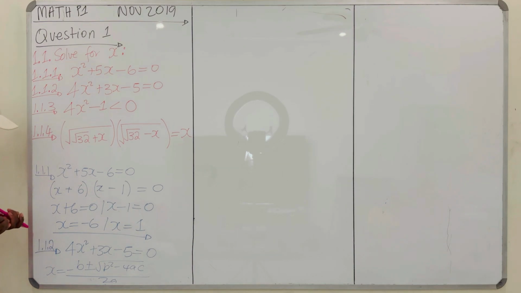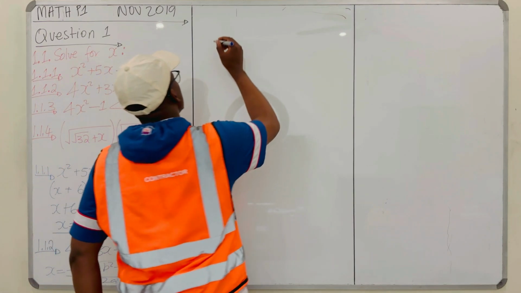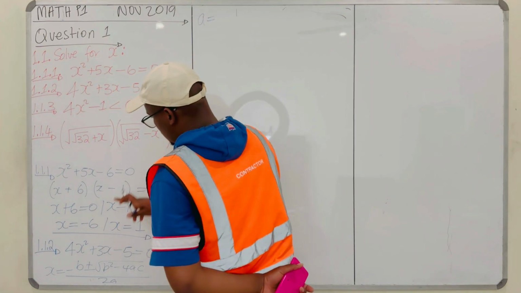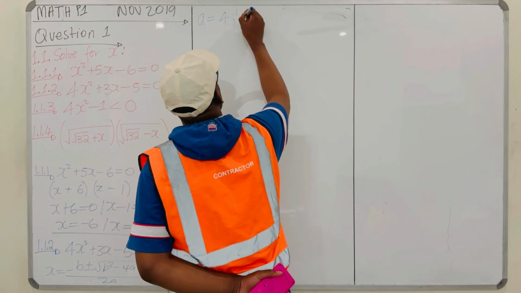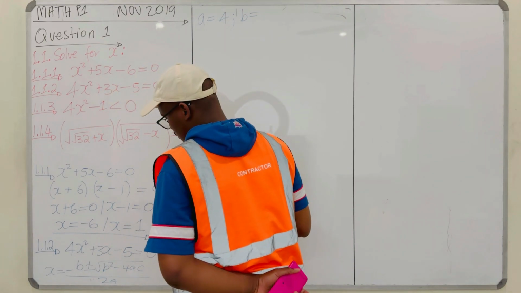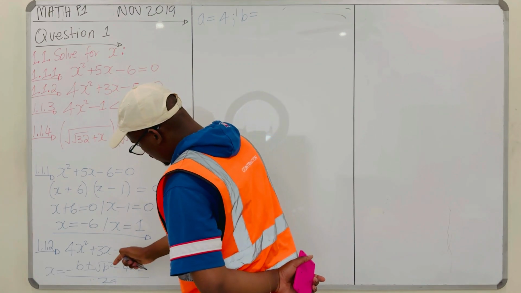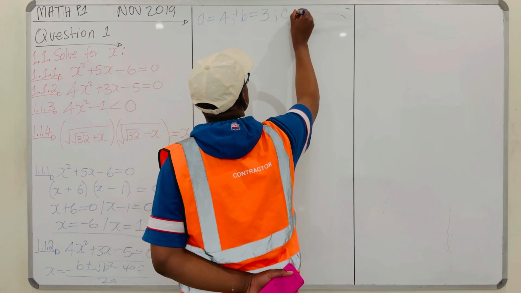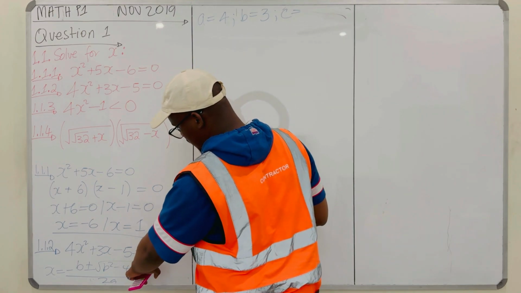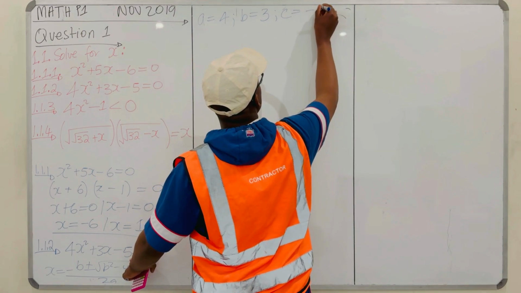No problem. Your a is the coefficient of x squared, so it's 4. And your b is what? Your b is 3. And your c, what is your c? Your c is minus 5 over here.